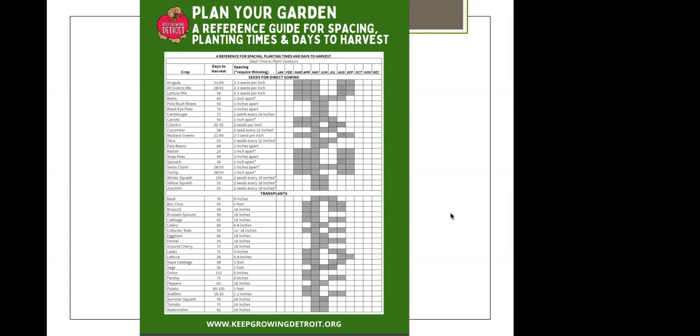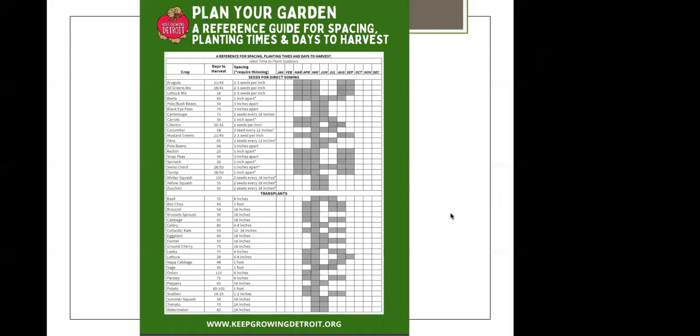And our recommended spacing is 3 inches apart. So let's say you planted your beans somewhere in late May, you should expect to get your harvest somewhere between June and July. I'm actually looking at that, and that might be something we have to fix.